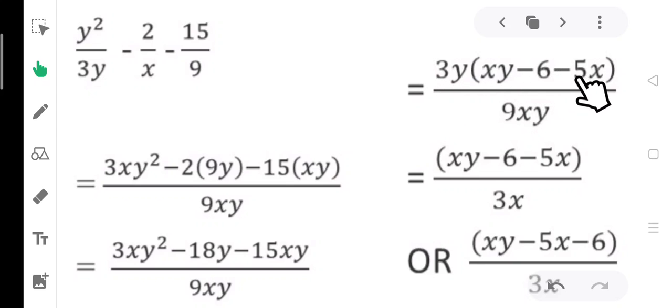So then, to find the other factor, we have 3xy squared divided by 3y, that is xy. Then, negative 18y divided by 3y, that's negative 6. And then, negative 15xy divided by 3y, that is negative 5x. So, all over 9xy.